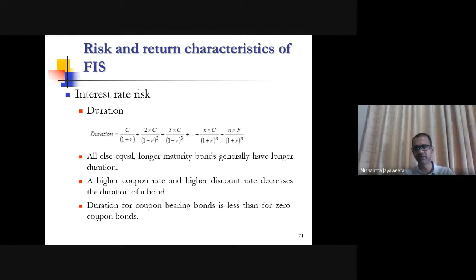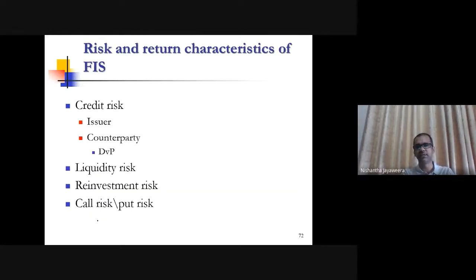I'll skip this because we are going to discuss this in detail. Other than interest rate risk, in fixed income securities, we face these risks. Credit risk. What is that? The issuer of the bond, the fixed income security, may not pay back the promised cash flow.